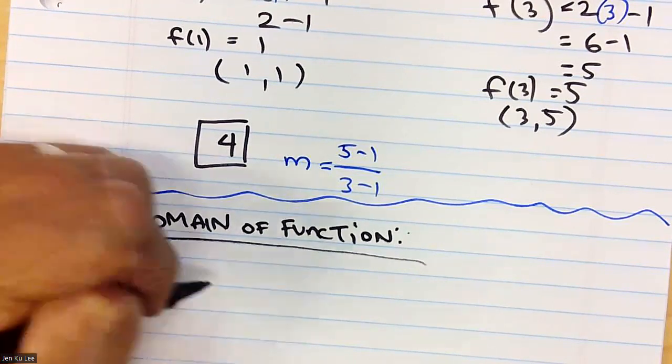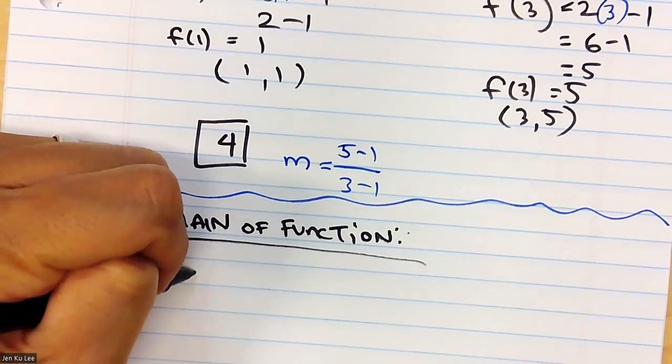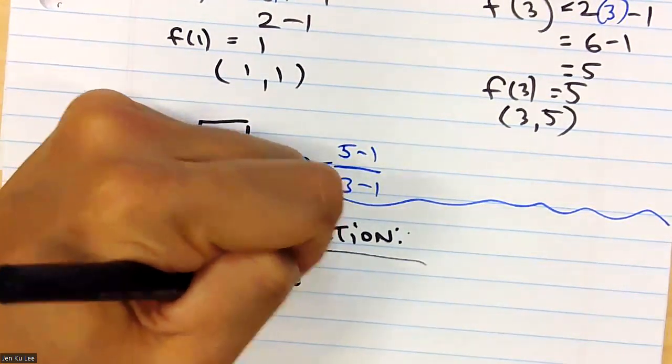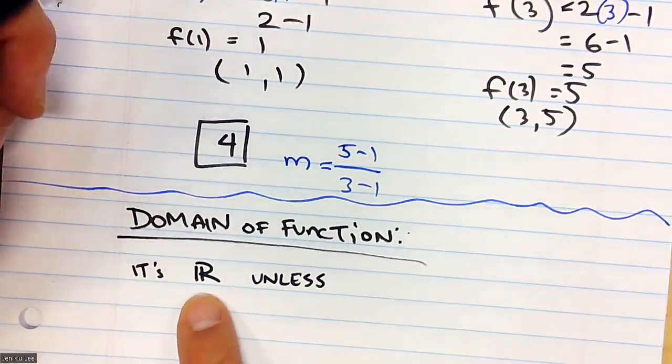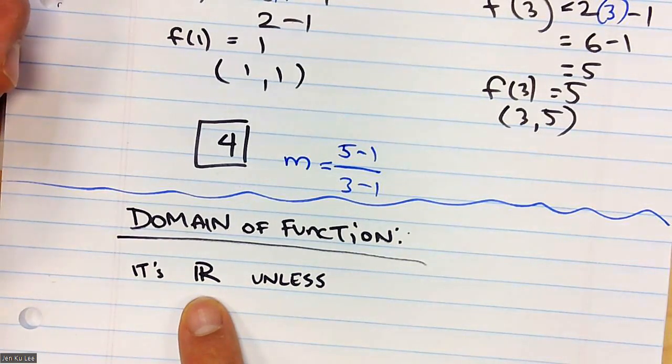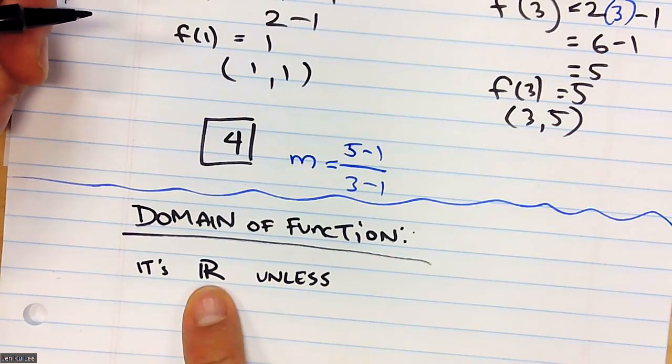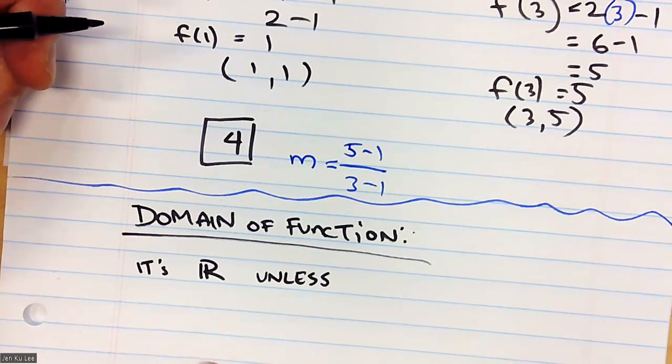It's all real numbers. That's a capital R, it looks like a P but it's an R. If you didn't know, just write it out somewhere.